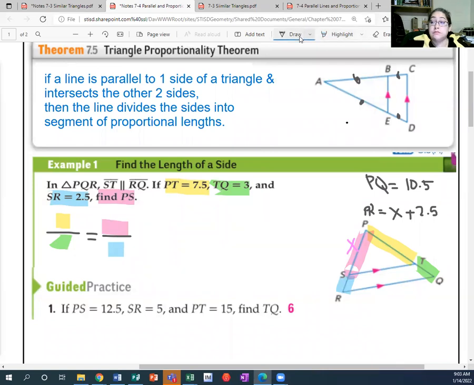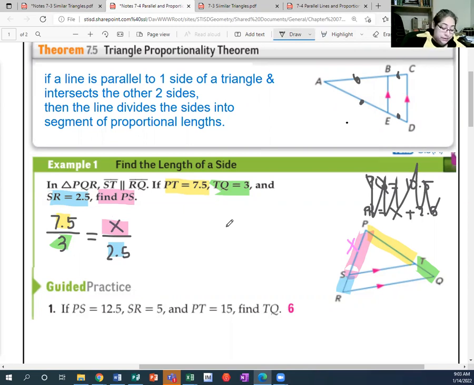There we go. Now I'm just going to fill things in, and I didn't even need this information. Oh, waste of brain power. All right, there is PT, there's TQ, there's SR, and I'm going to put my variable here. That's what I'm trying to solve for.